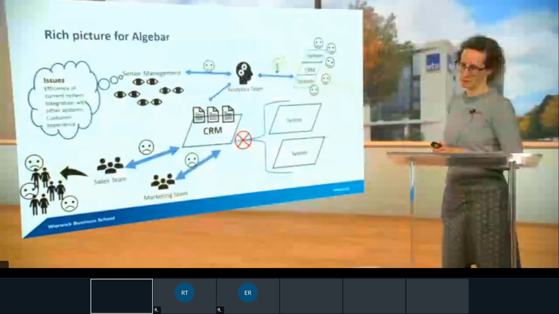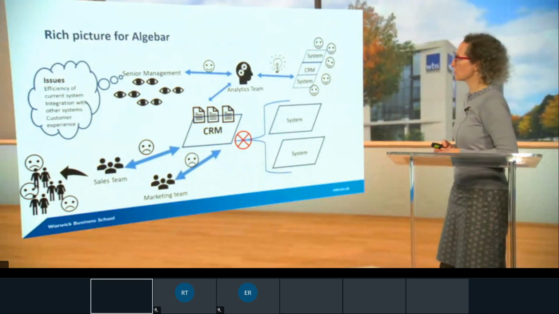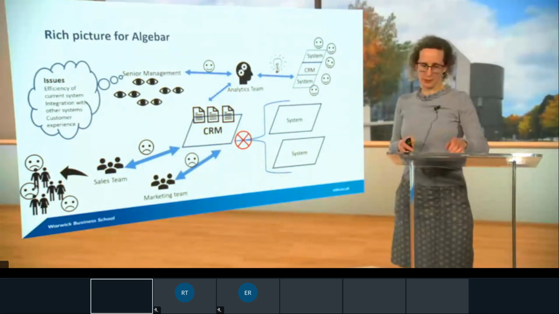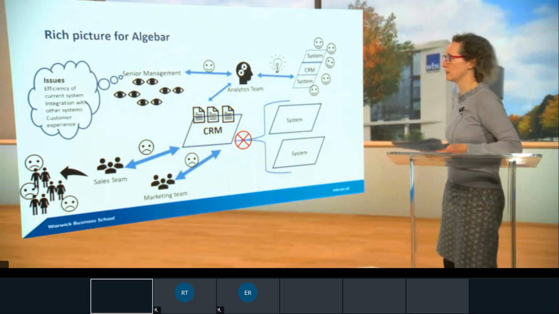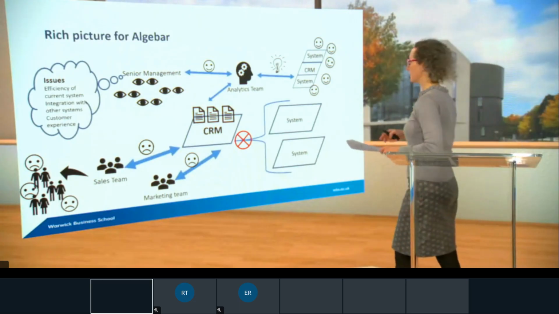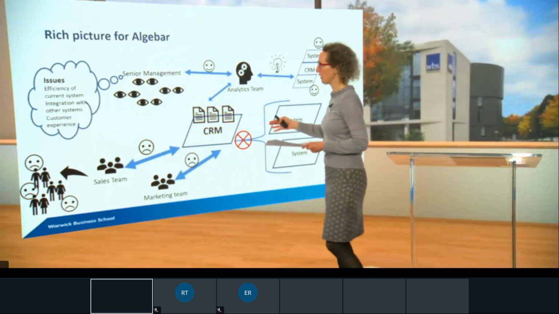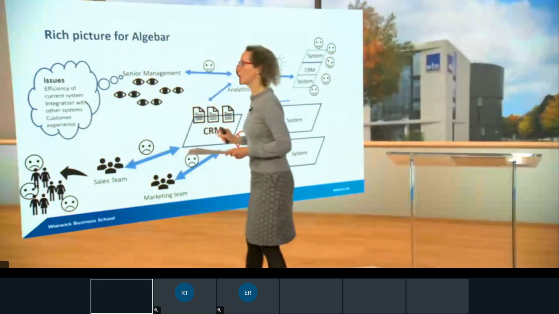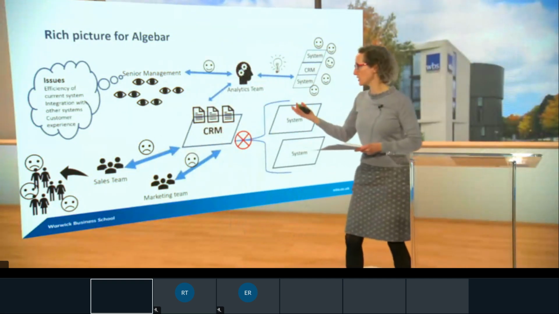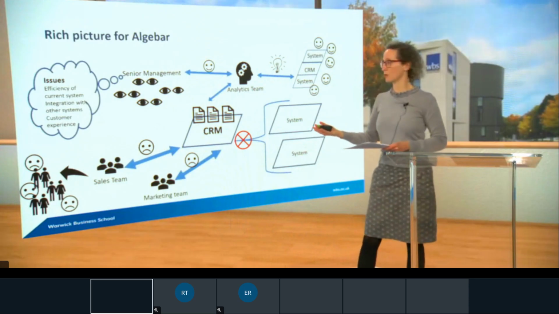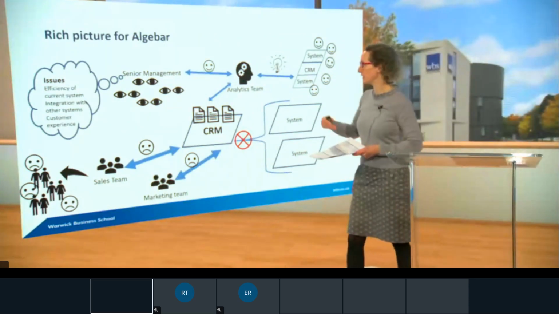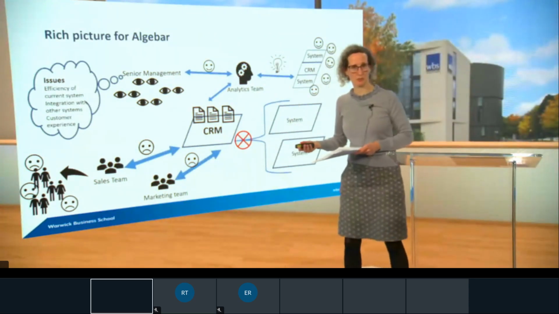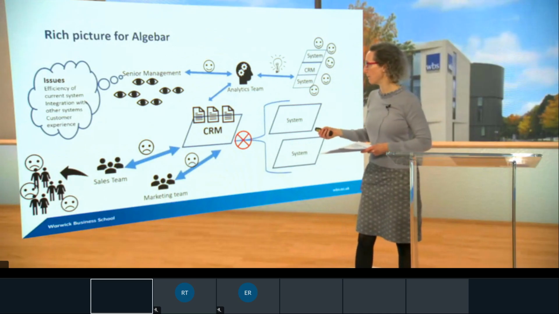I would wonder also, though, whether a little bit more detail was needed. Certainly in terms of a rich picture, I would say that two of those issues are quite clear to me. The efficiency of the current system is in question. The level of integration with other systems is of concern.